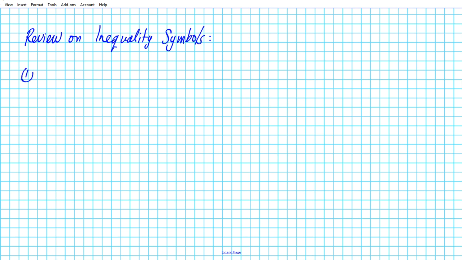Alright, so the first one is the less than inequality symbol. It's written as less than.